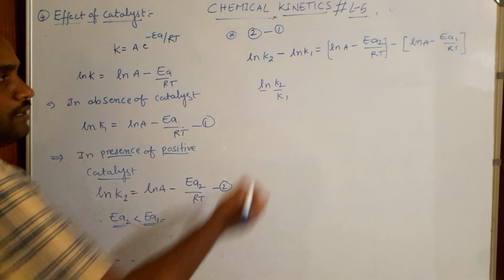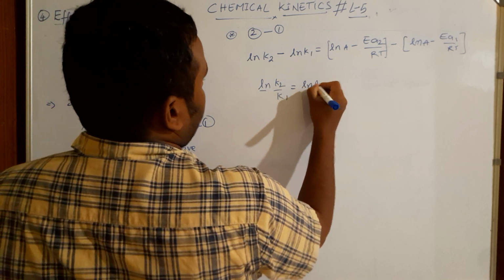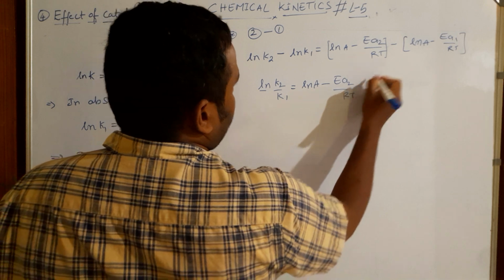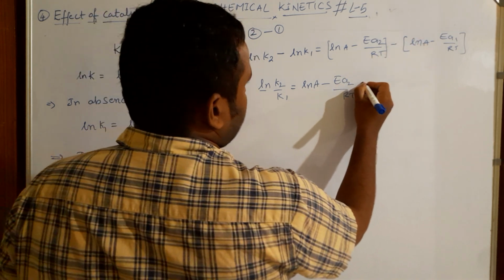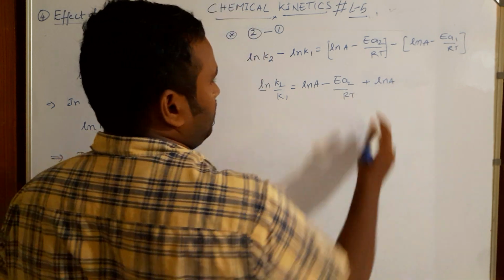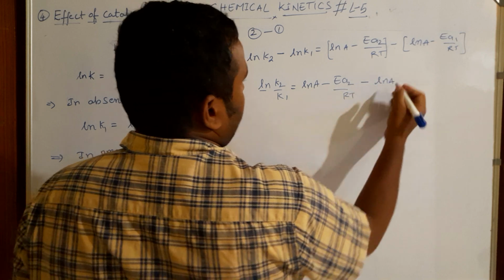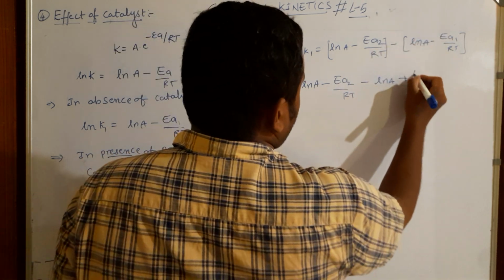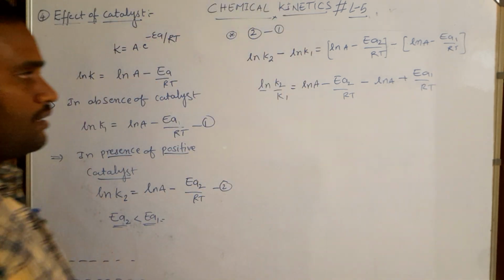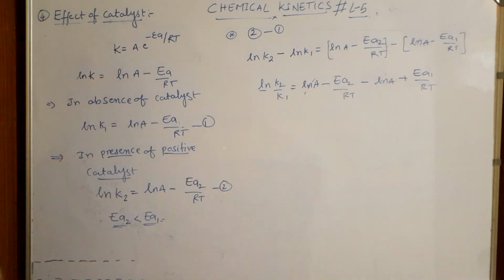So ln K2 by K1 is equal to ln A minus EA2 by RT, minus into minus, that is plus EA1 by RT, minus ln A. Plus ln A minus ln A will get cancelled out and become 0.